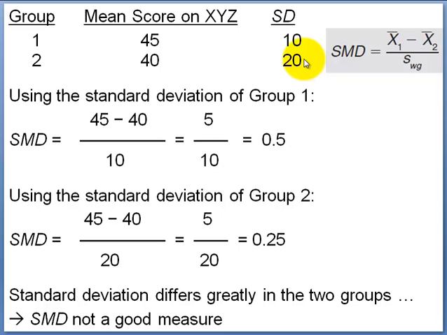Whereas if we chose to use the bottom standard deviation in the formula, it would calculate to 0.25, a very different value. So this is just a caution to say that the SMD is not a good measure when the standard deviation differs greatly in the two groups.